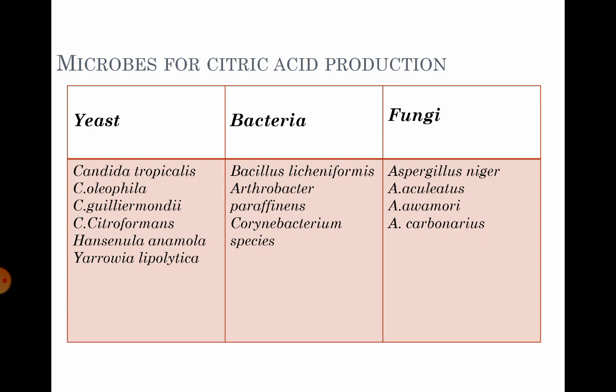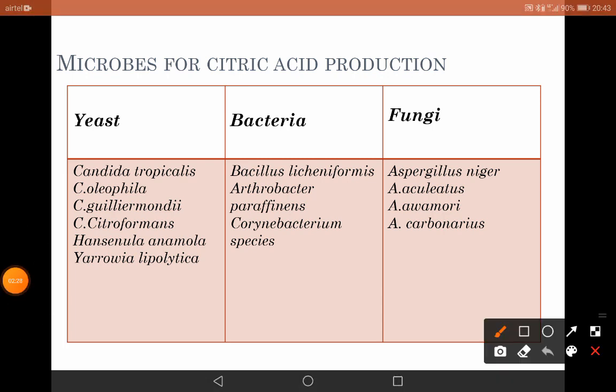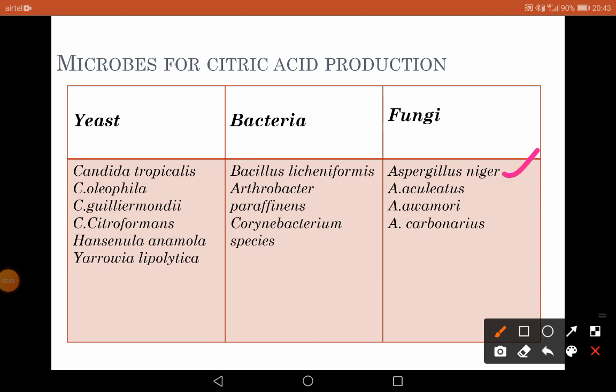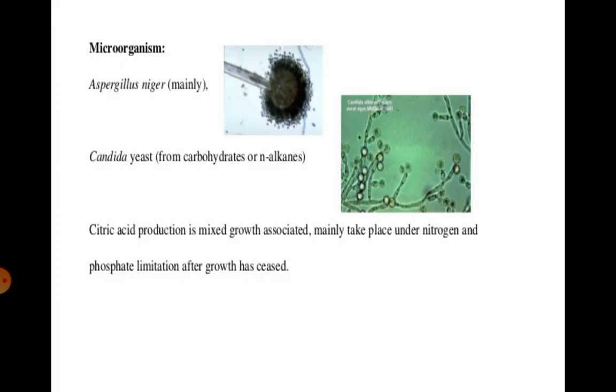The bacteria are Bacillus licheniformis, Arthrobacter paraffinens, Corynebacterium species. And fungi, Aspergillus niger. The majority for the production of citric acid, Aspergillus niger is used, or Candida species, and in bacteria, Bacillus licheniformis is used, or sometimes even Corynebacterium species.